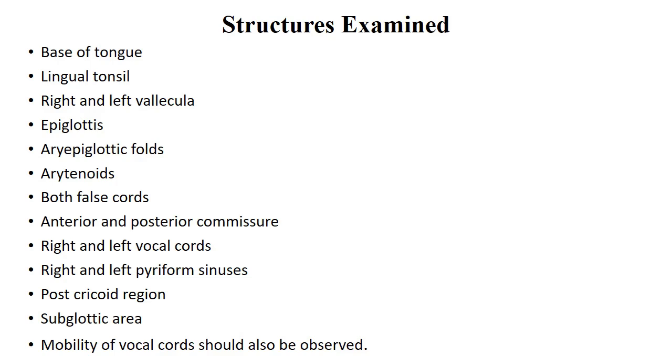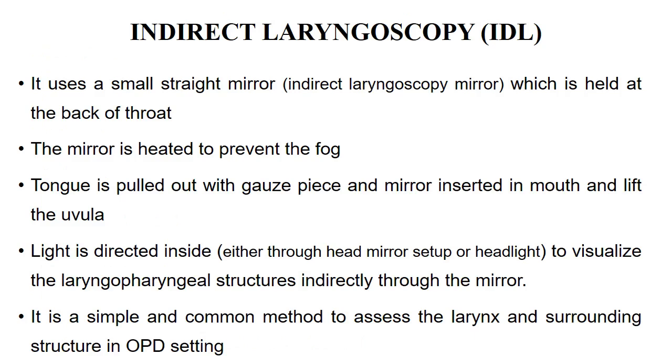Then on the sides, the piriform sinuses, and on the back the postcricoid region. In some cases, we can examine the subglottic area. We also observe the mobility of the vocal cords by asking the patients to pronounce E or cough to see the movement of the vocal cords.